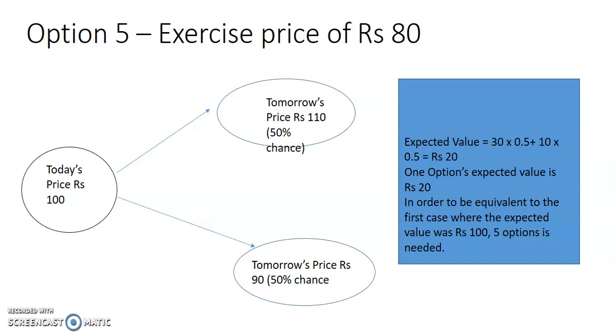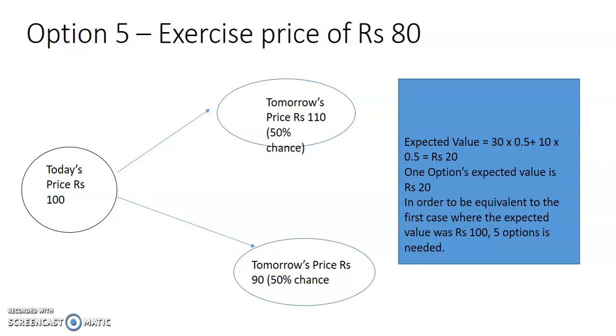Now case 5. What is the value of a call option with a strike price of rupees 80? It will always be exercised. If the actual price of the stock turns out to be 90 rupees, the option is exercised and yields a return of 10 rupees. If the actual price of the stock turns out to be 110 rupees, then the option yields a return of 30 rupees.